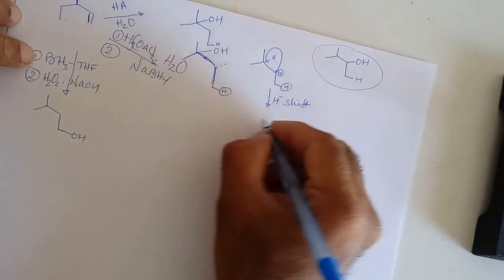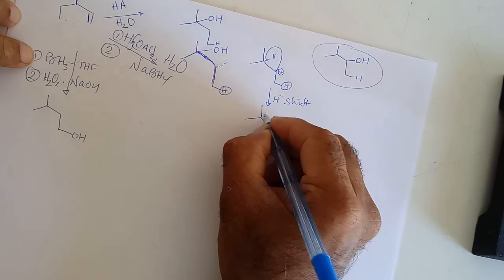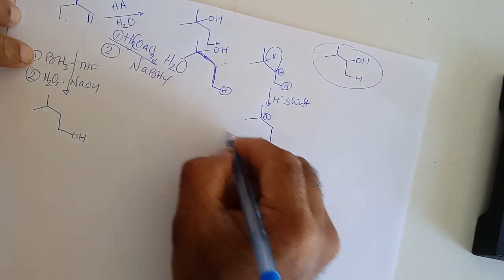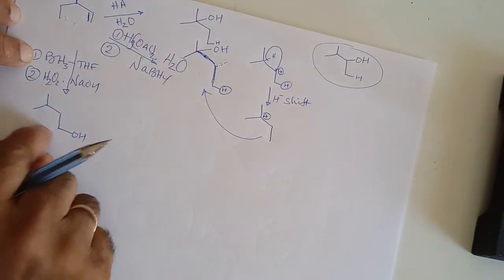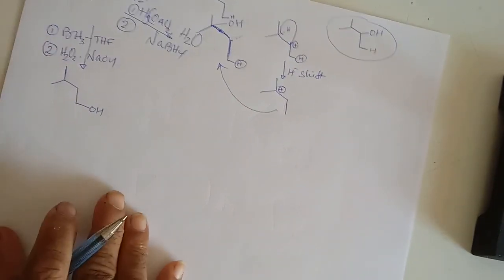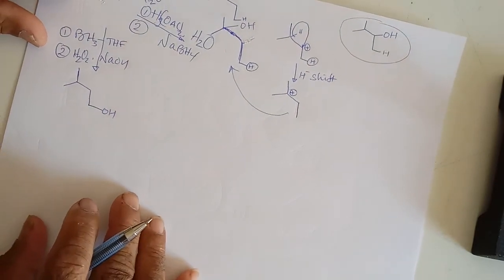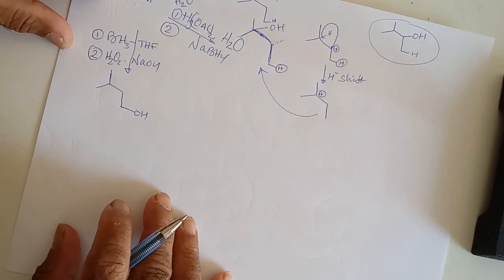That hydride shift makes this carbocation, and that's why you get this product. In this case, we don't have to worry about that. So this is something that you have to be watchful of when you are dealing with questions on a test. All right? This story ends here.